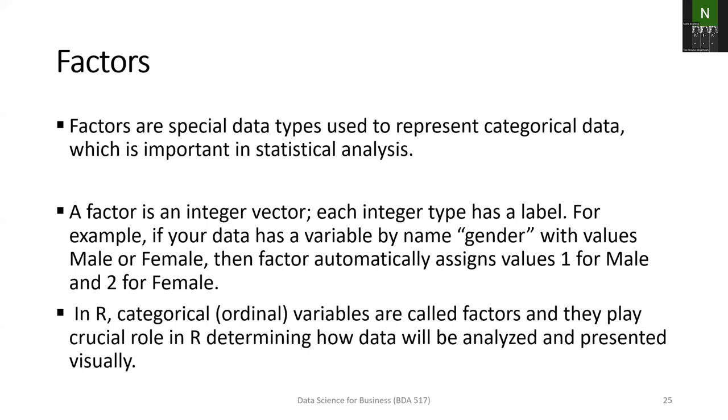We will see how we create these. Sometimes you can get a data set where 1 stands for male and 2 stands for female, but the raw data set is just 1, 2, 1, 2, 1, 2. Now, if you don't tell R that 1 is for male and 2 is for female, it might interpret it as a numeric figure and give you a different outcome. So you have to specify by creating a factor and then telling it that.